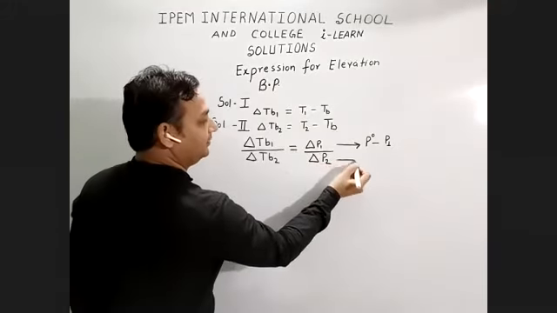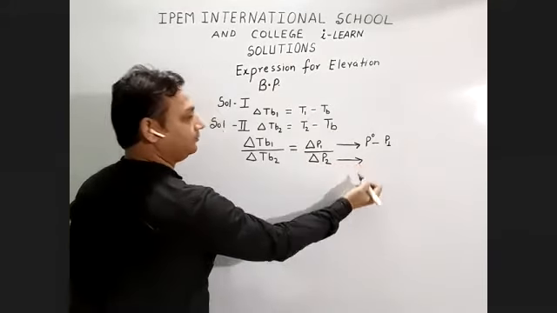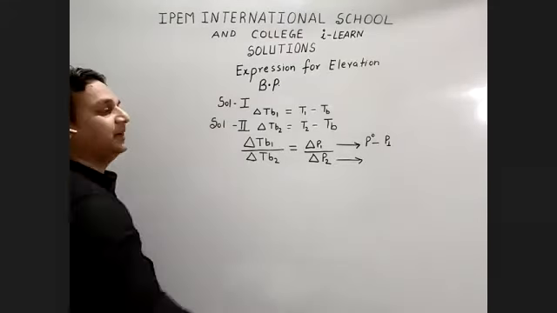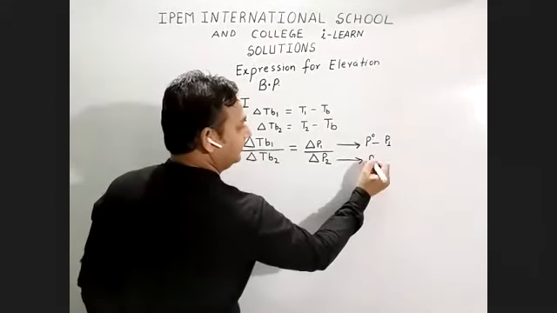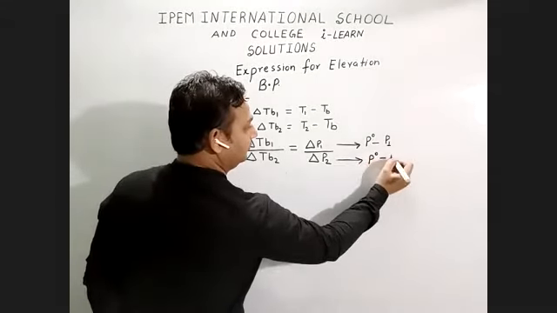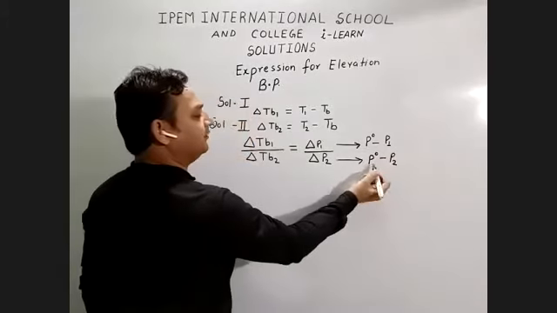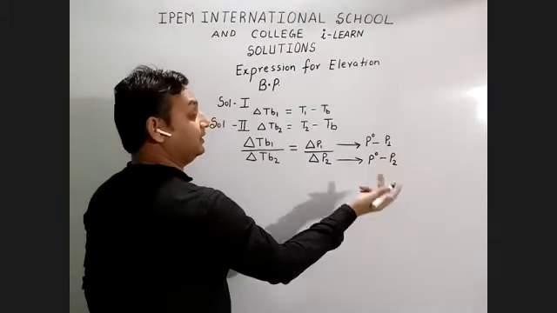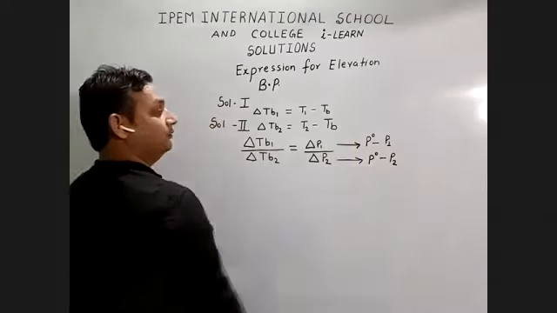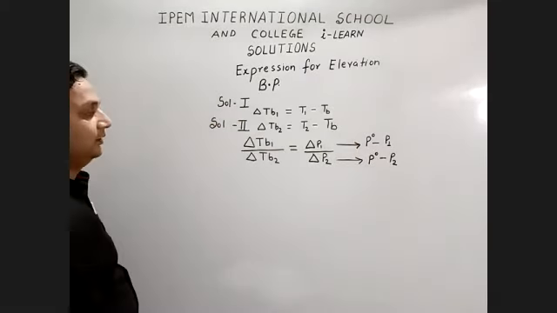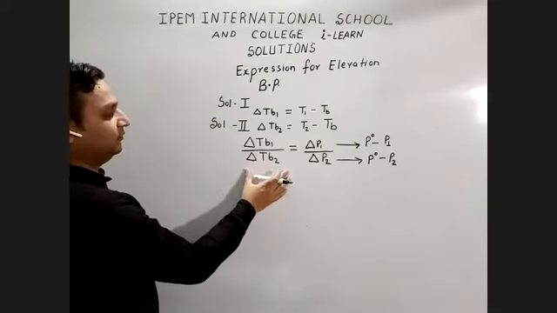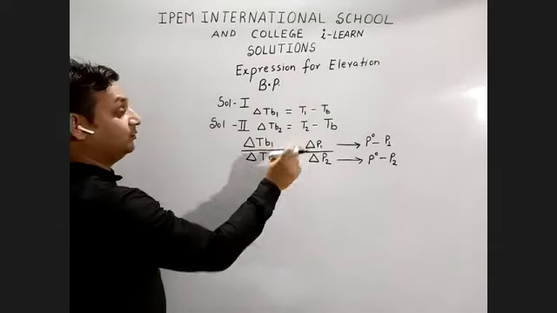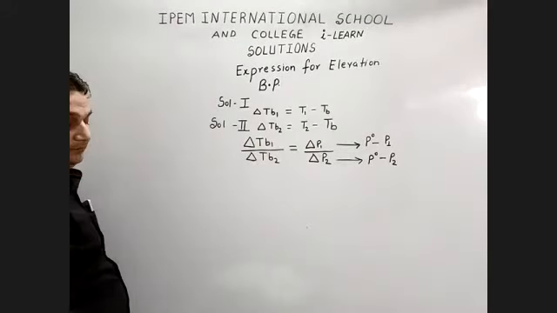Similarly, we have delta P2, which is P naught minus P2, where P2 is the vapor pressure of solution 2, which we have seen in the graph. So we have a direct relationship between the elevation in boiling point and the vapor pressure.